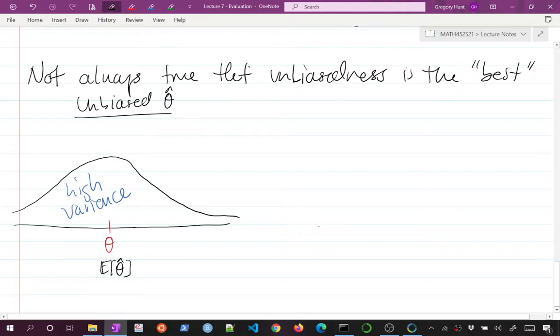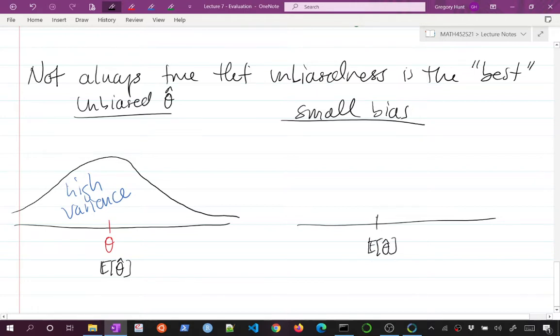And then the other situation I could have is maybe I have a small bias. So maybe, on average, theta hat is slightly off from my true theta. So this is my small amount of bias, but the variance is pretty small.